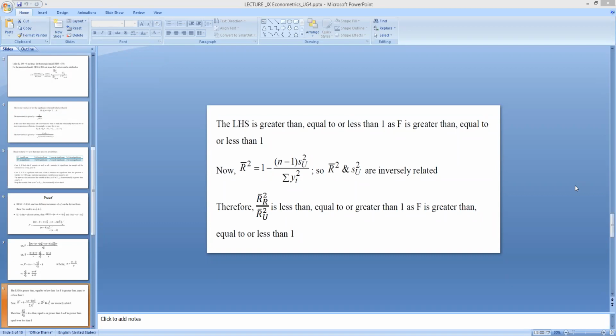ESS by TSS. And ESS can be written as 1 minus RSS by TSS. Everybody? So please write down, take a note. The relationship between R square, capital R square, and A square.